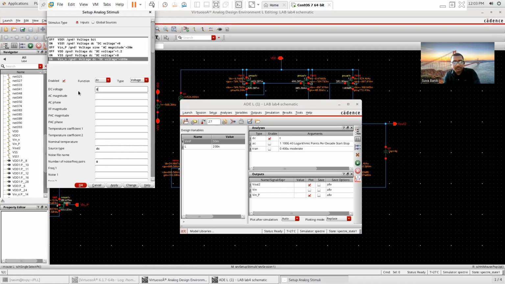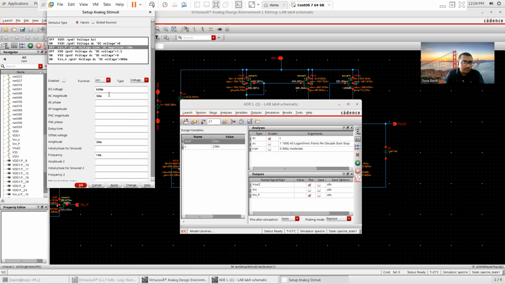Oh, I forgot to increase this voltage. I have to enable all of the voltage sources.